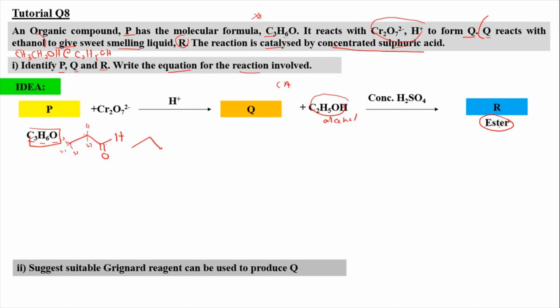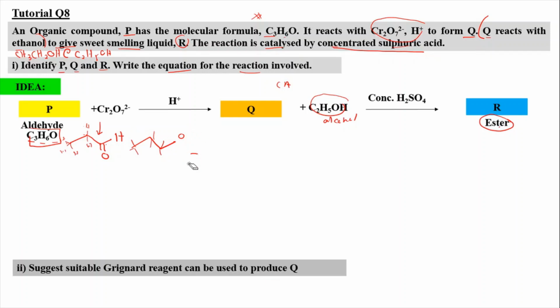However, if I'm doing an alcohol here, my structure is not going to be consistent because I'm going to get 8 hydrogen. Okay, so here only got 6. So you know that my structure here must be an aldehyde because of the molecular formula.